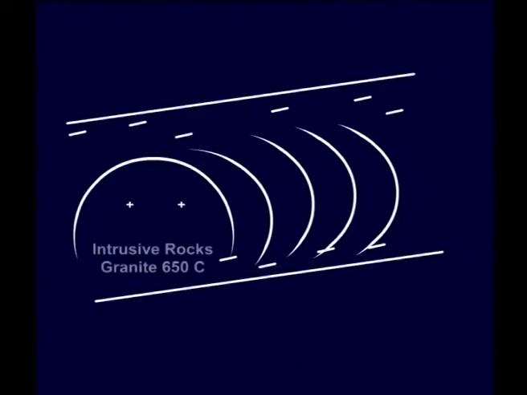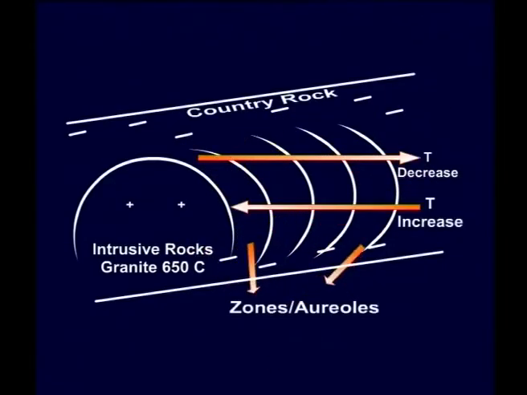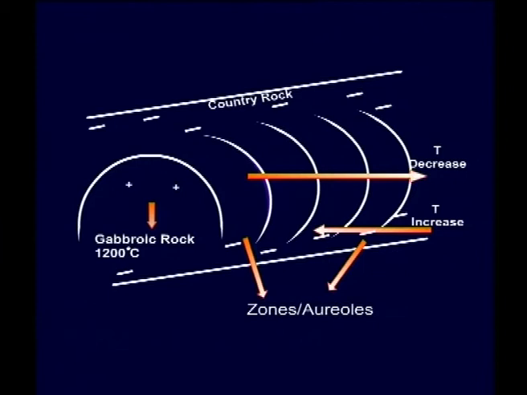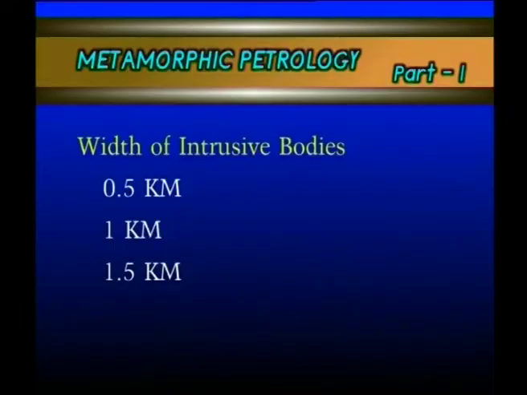In case of granitic rock, we can see the thermal aureoles will be narrow as compared to gabbroic rocks, where the temperature is nearly 1200 degrees centigrade. So these are the important factors, particularly how the thermal aureoles or zones are developed.